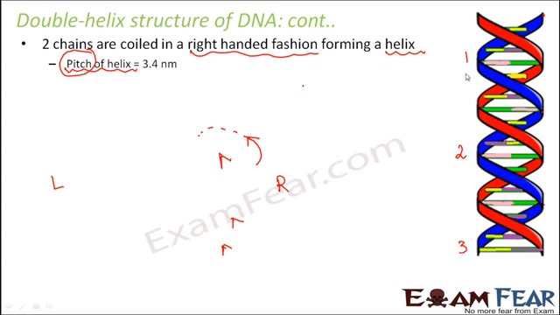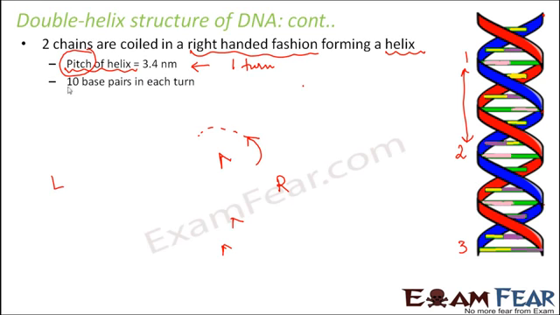So basically this distance, one particular turn, this entire distance is going to be the pitch. So one turn in case of DNA corresponds to 3.4 nanometer. That means this much is the distance which is covered by one turn of the helix.